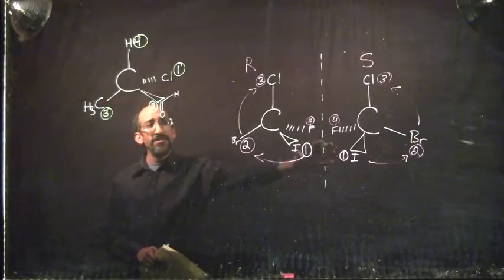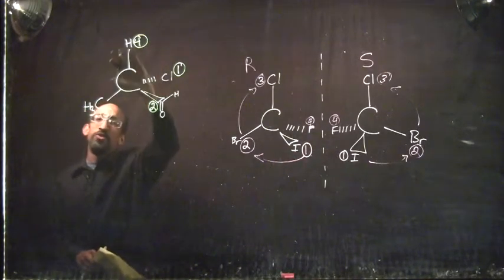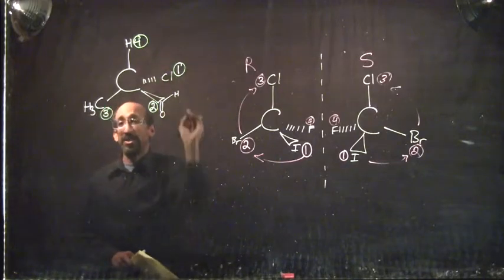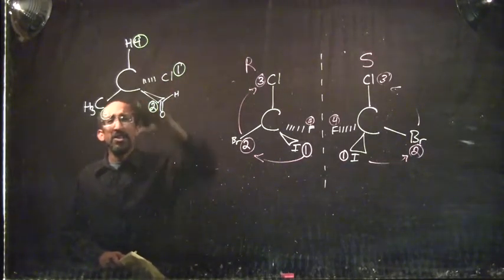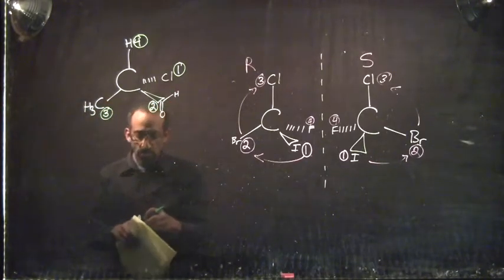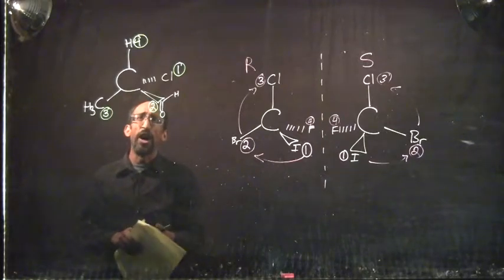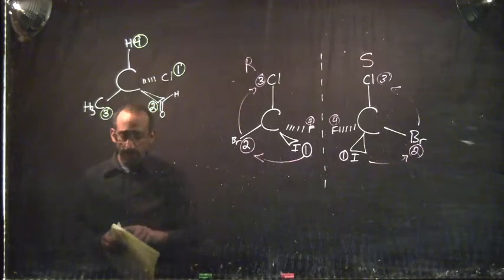Now, unlike our previous example, our lowest priority group is not on that hash pointing away or pointing behind the board, which is where we need to get it. So we have to rotate this entire molecule three-dimensionally in space and then redraw it such that this hydrogen atom is now on the hash.